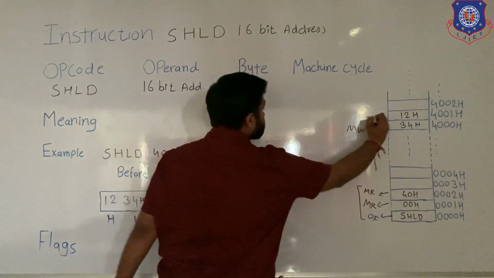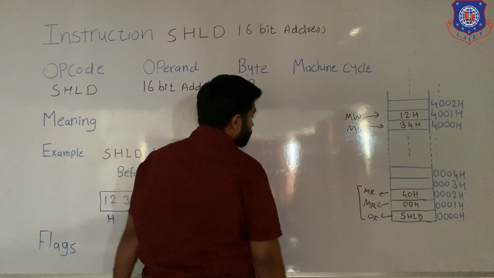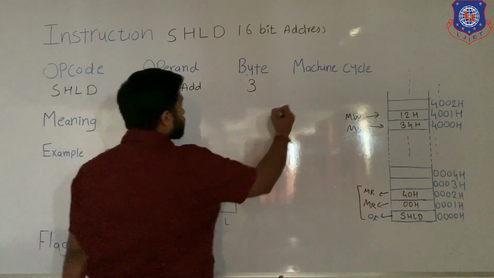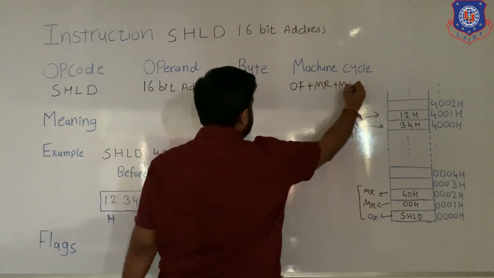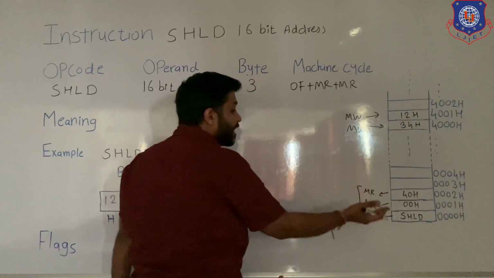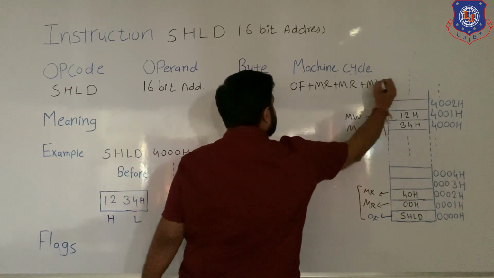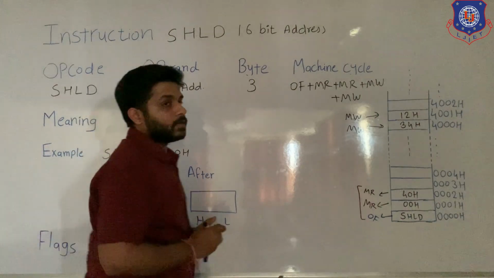It means the processor has performed one more memory write operation. So in this instruction, how many machine cycles are there? Opcode fetch plus memory read plus memory read plus memory write plus memory write. The first three machine cycles are just for fetching the instruction, and the memory writes are for executing the instruction.